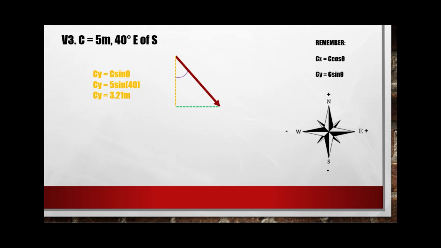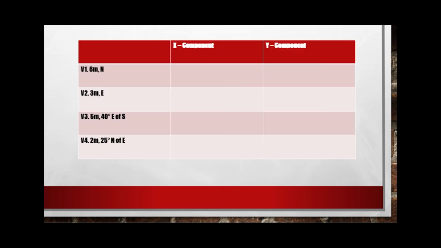Cy equals C sin theta, substitute and we get Cy equals 3.21 meters. Its x component: Cx equals C cos theta, substitute and we get Cx equals 3.83 meters. The x component is positive because it is headed towards the east, and the y component is negative because it is headed towards the south.